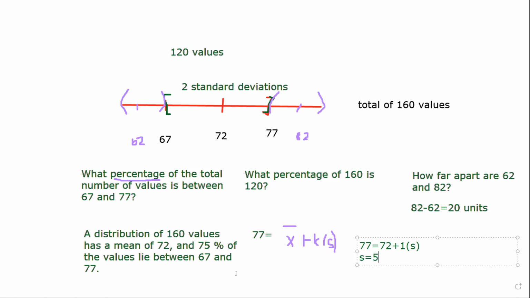Now, how does that help? S is 5 units because 72 to 77 is 5? That's right. Because this is 1 standard deviation, right? And this is another. There's 2 standard deviations between these.